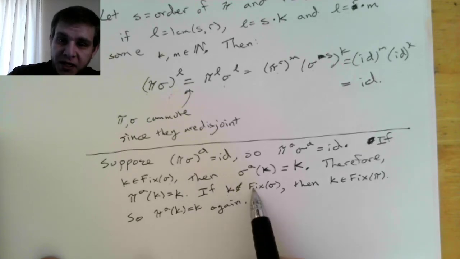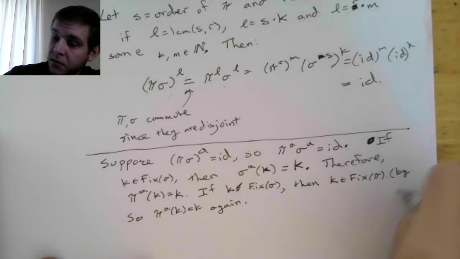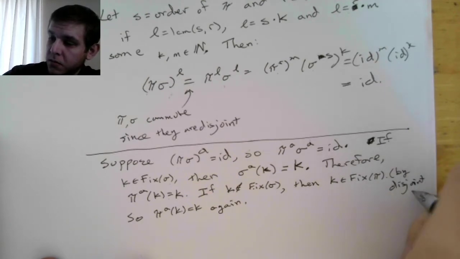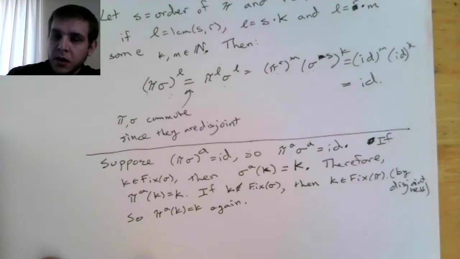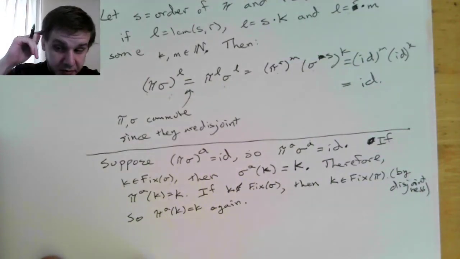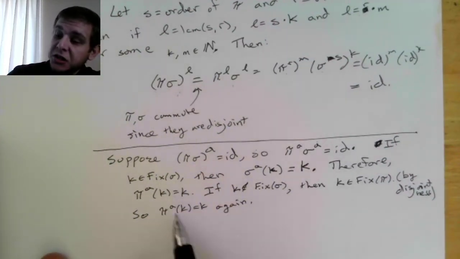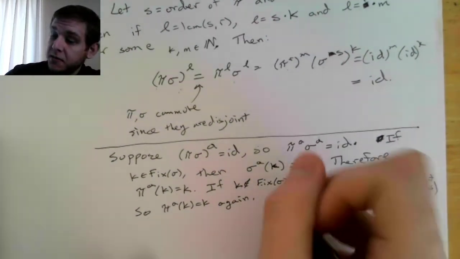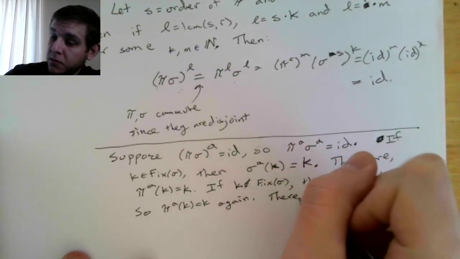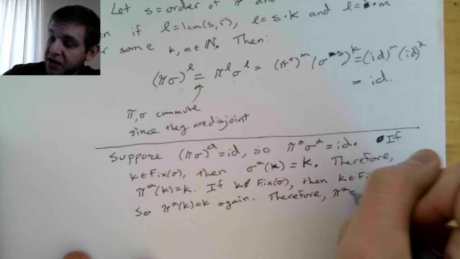And if it's not fixed by sigma, just by definition of disjointness, it must be fixed by pi. So it has to be fixed by pi to the A. So no matter what K I choose, pi to the A fixes it. So in particular, pi to the A is equal to the identity.